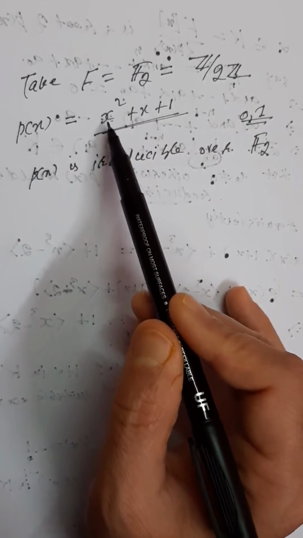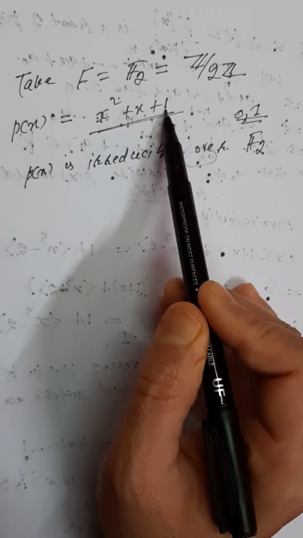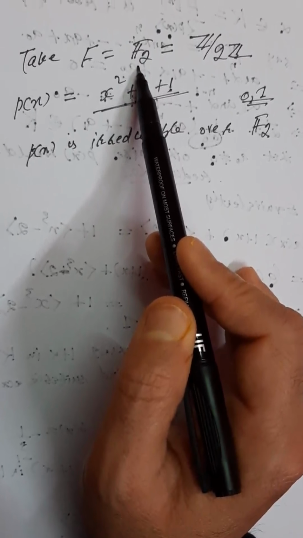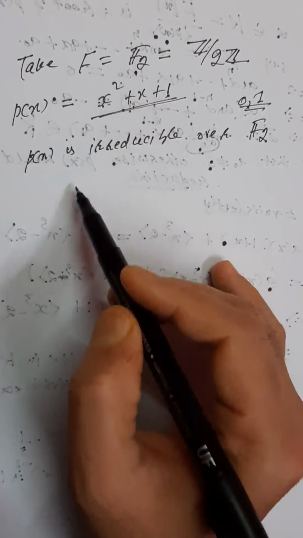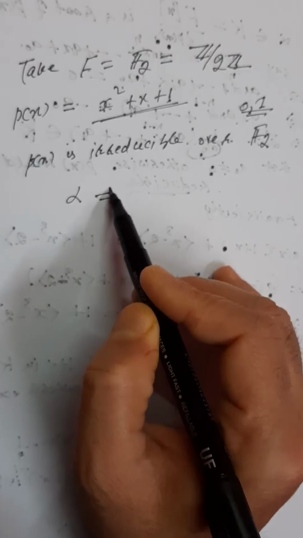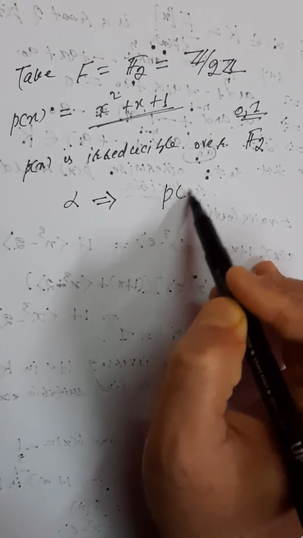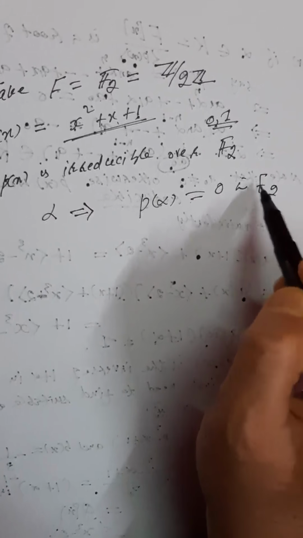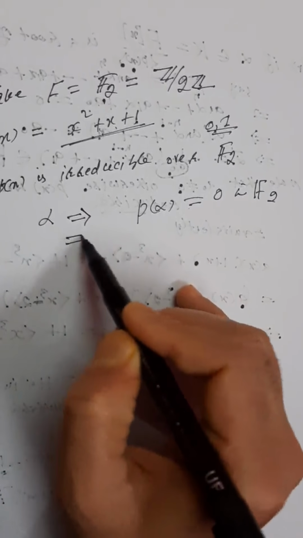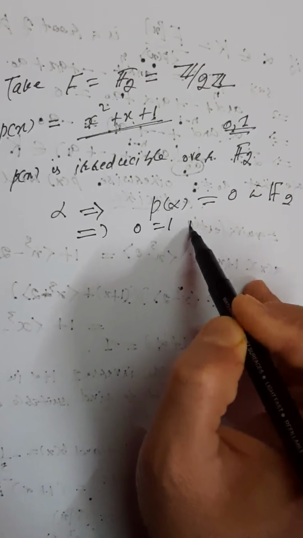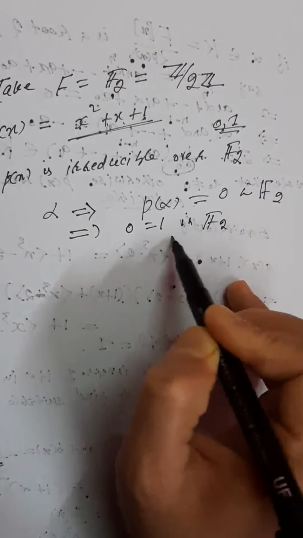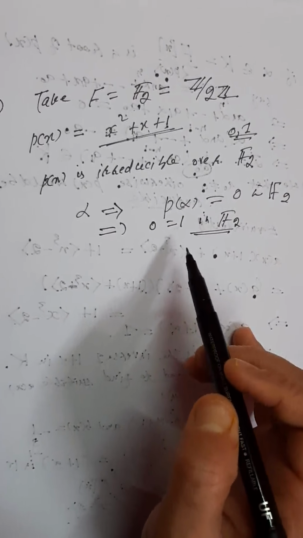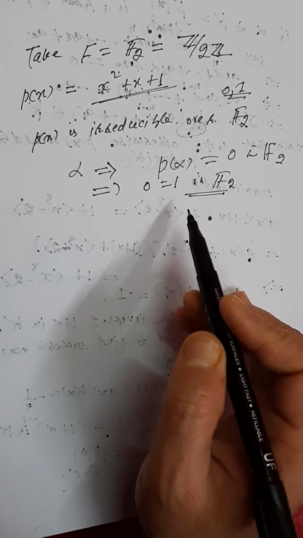Now you can note that this polynomial x square plus x plus 1 has no root in F2, because if it has some root, say alpha, it would imply that p of alpha equals 0 in F2, but then it would imply that 0 equals 1 in F2, which is not possible. So this polynomial has no root, therefore it is irreducible over F2.